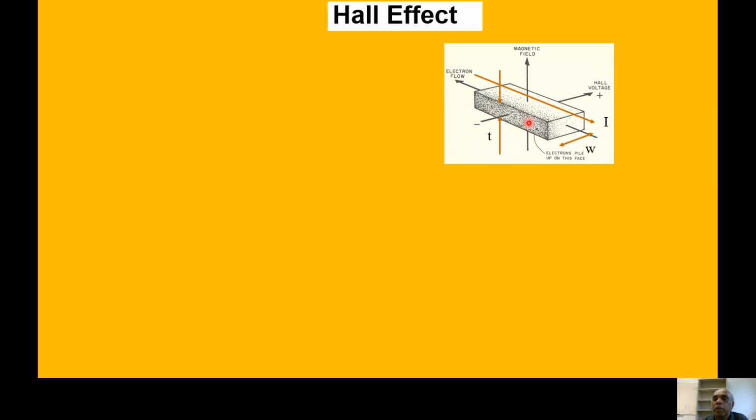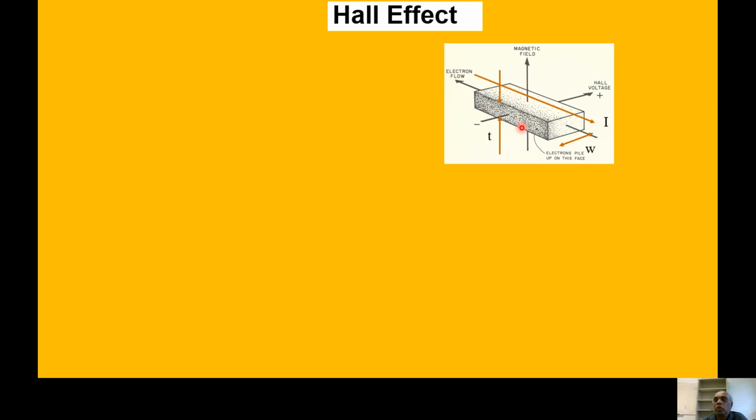Now, if I apply a magnetic field perpendicular to the current and the plane of the material, then you will see these electrons will undergo something called the Lorentz force. Due to the Lorentz force, they will move in a direction perpendicular to both B and I. In the process, it will start accumulating charges on the two opposing faces.